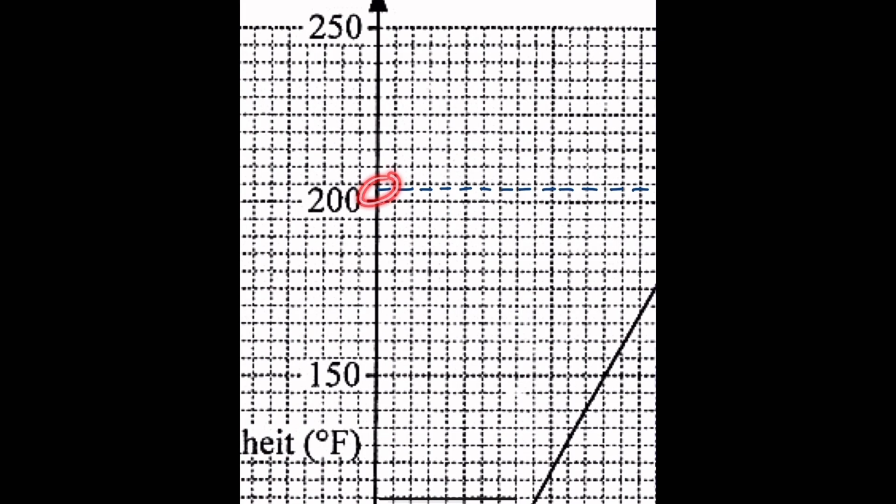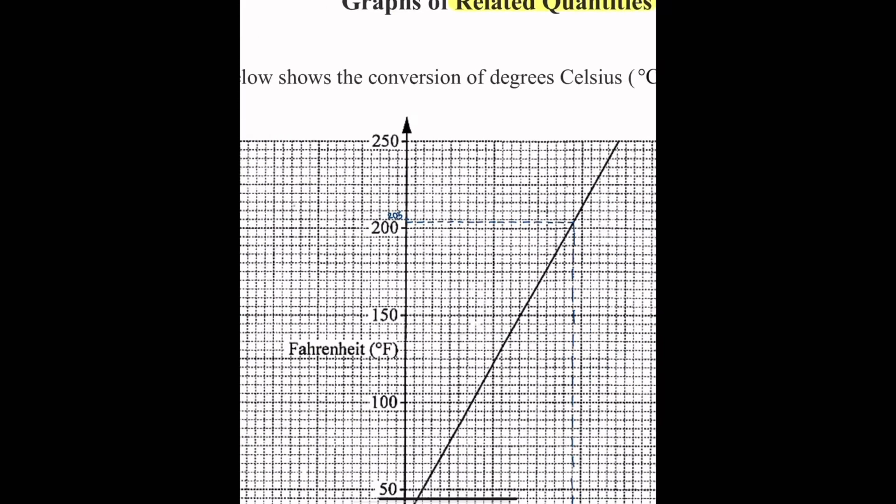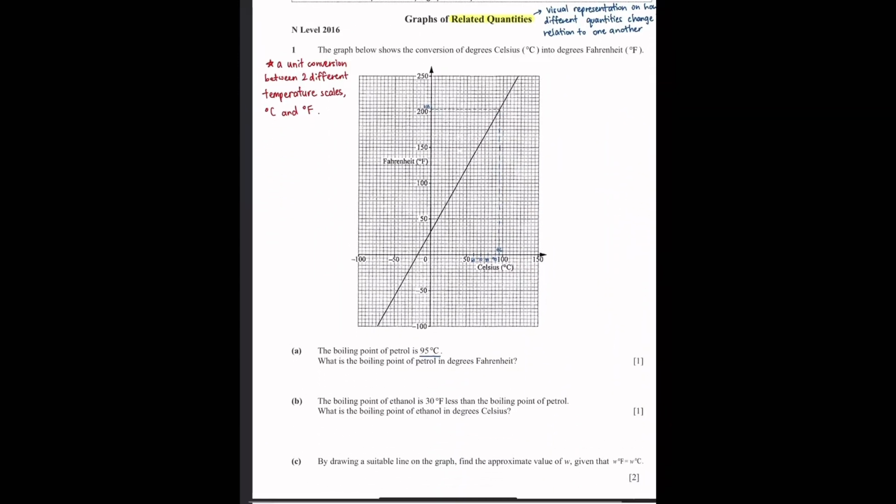Likewise, for the vertical axis, 10 small squares represent 50, so one small square represents 5. It's slightly below 205, so I will just take the midpoint of 200 and 205, which is 202.5 degrees Fahrenheit.